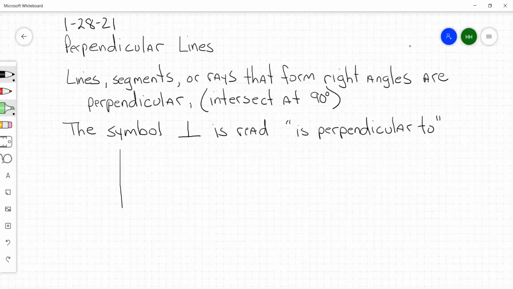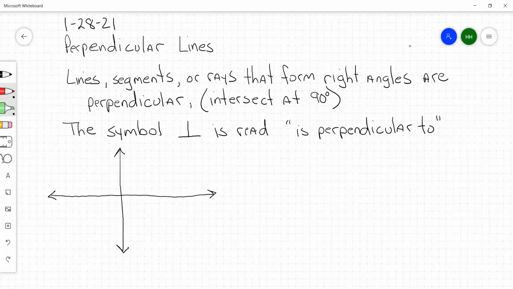So if we have a vertical line and a horizontal line, with the 90-degree symbol, and the vertical line has points A and D on it.